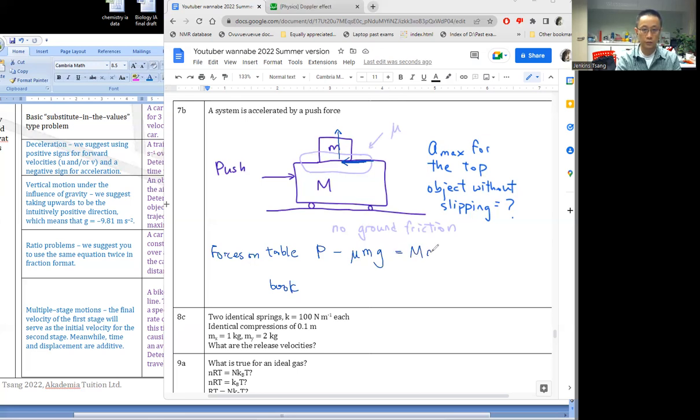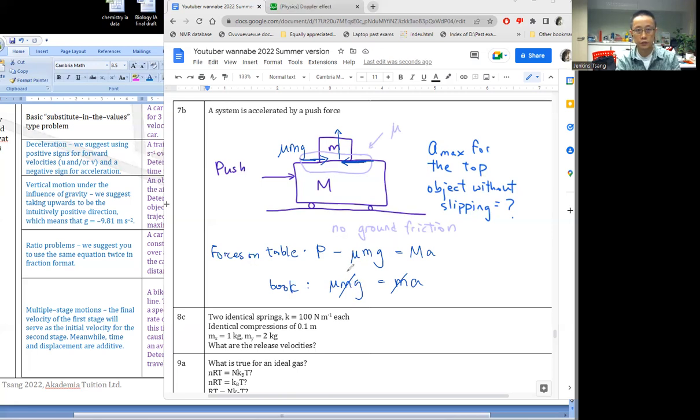That equals capital MA. Meanwhile, for the book, you have, by Newton's third law, an equal and opposite friction, which is also μmg. μmg equals small ma. If you cancel the small m's within the second equation, you can see that the acceleration simply equals μg, and that's choice B.